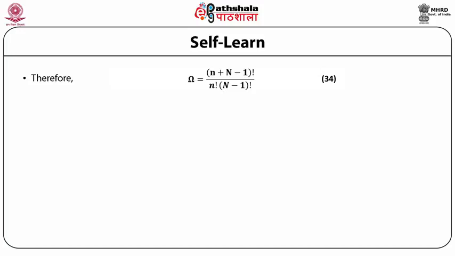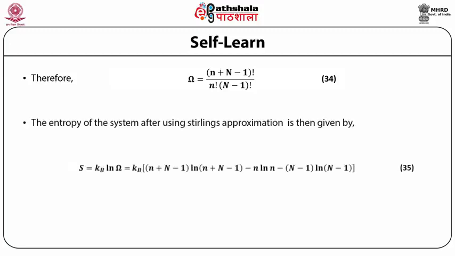Therefore, omega is equal to (n plus N minus 1) factorial divided by n factorial multiplied by (N minus 1) factorial.